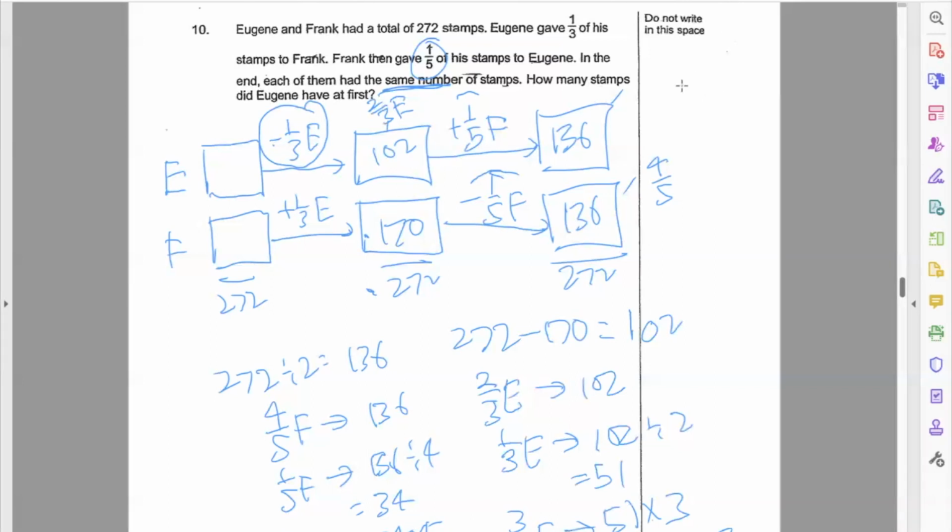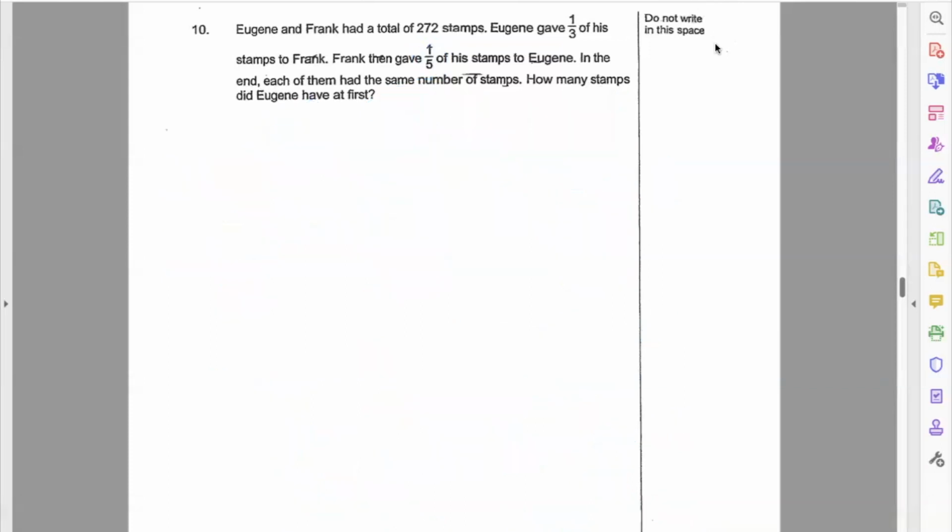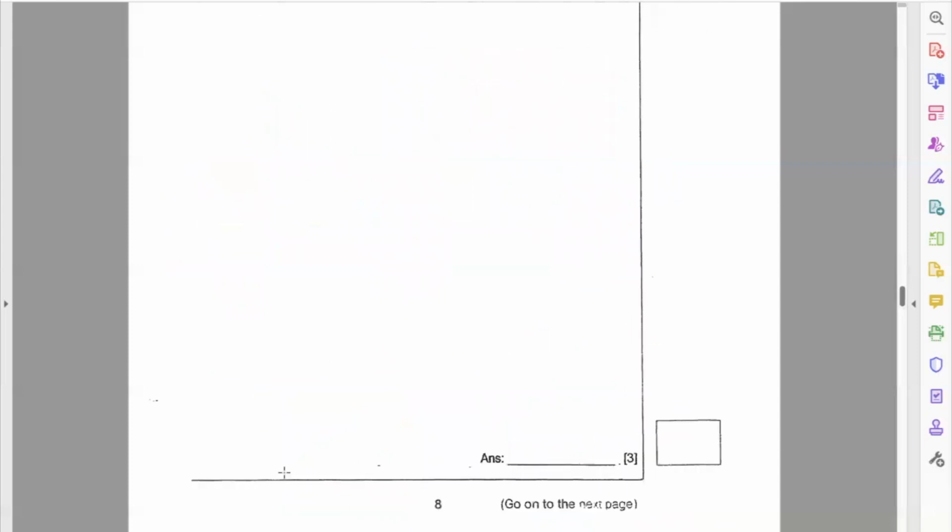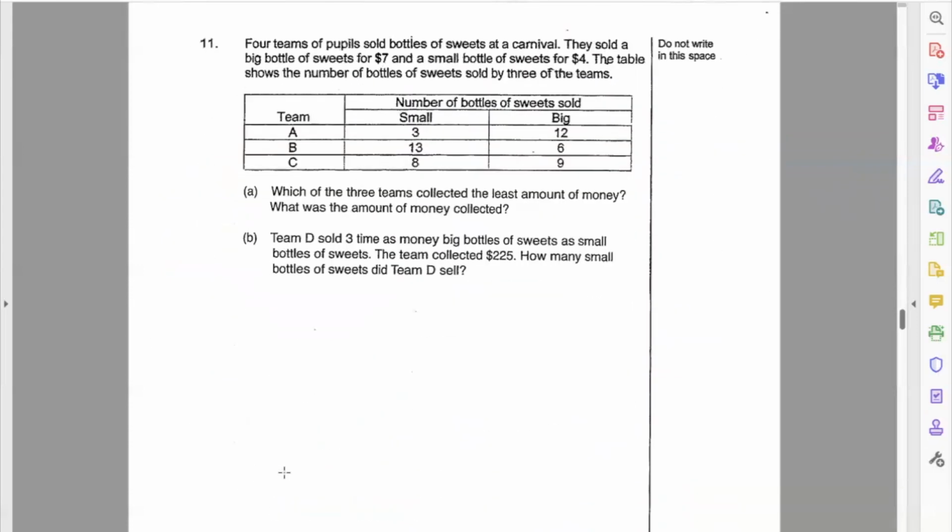Let's continue with question 11. So let's read question 11. 4 teams of pupils sold bottles of sweets at a carnival.